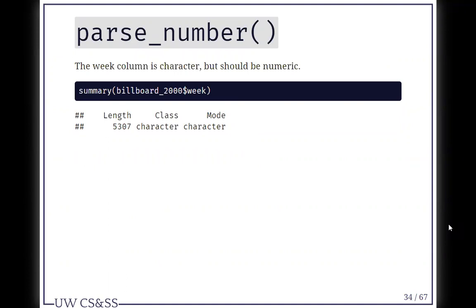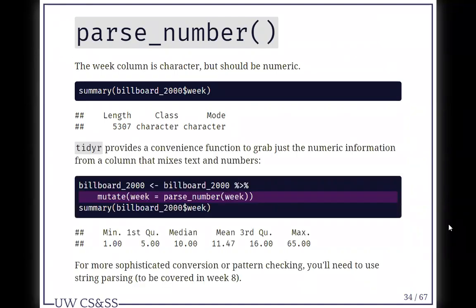The week column, regrettably, is a character, but it should be numeric. Tidier provides a convenience function to grab just the numeric information from a column that mixes text and numbers. So we could supply to our Billboard 2000 data, and then mutate week equals parse number week.